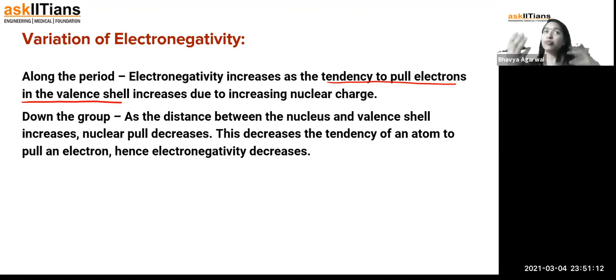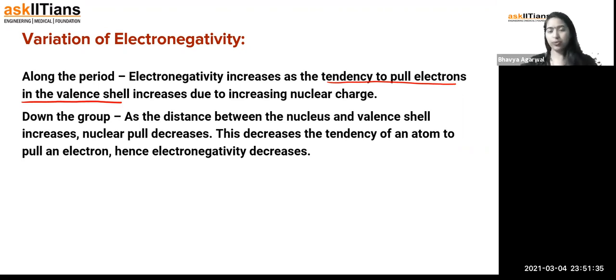Pulling the electrons towards itself is similar to gaining the electrons. There's a slight difference that we'll be discussing in the next chapter: the difference between electronegativity and another thing called electron gain enthalpy.